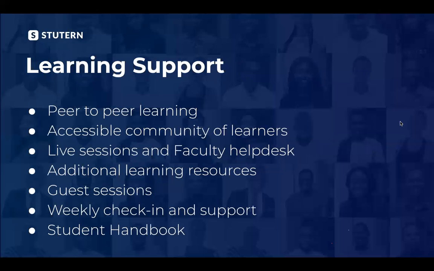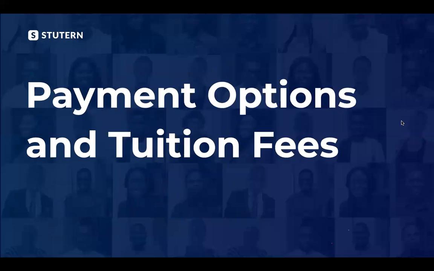For learning support, we have peer-to-peer learning, an accessible community of learners, live sessions and faculty help desk, additional learning resources, guest sessions, weekly check-in and support, and the student handbook.